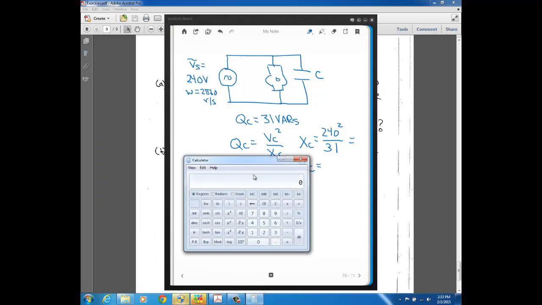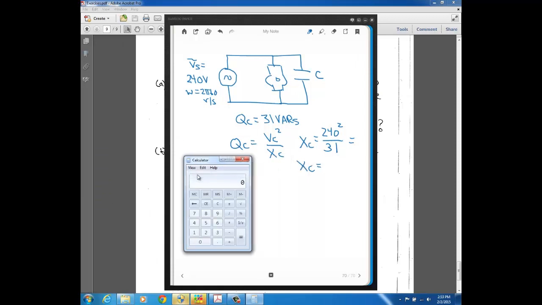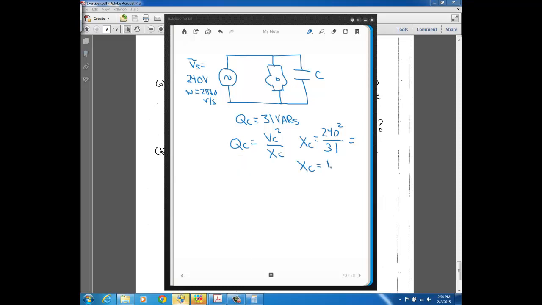Bring up the calculator. We got 240 times 240, and then divided by 31. Oh, there we go. We'll round to 1,858 ohms.